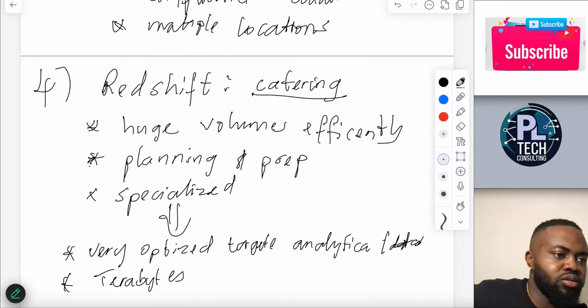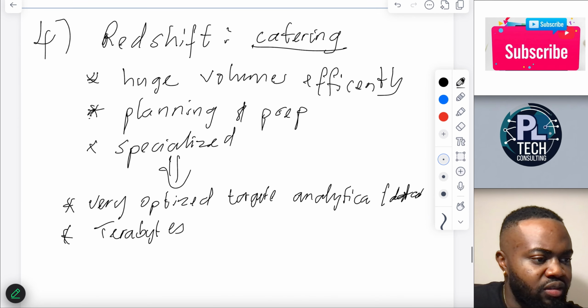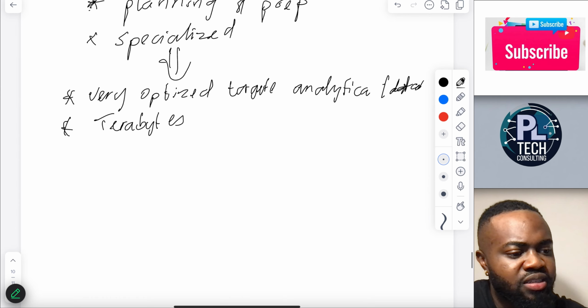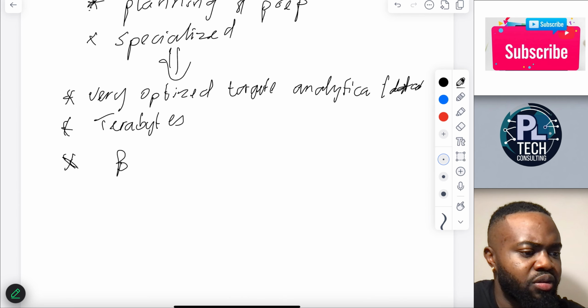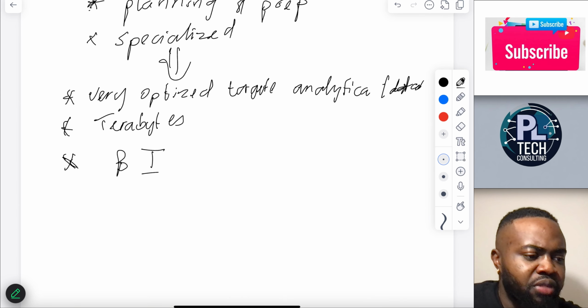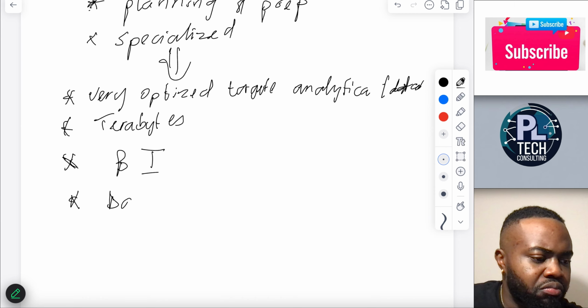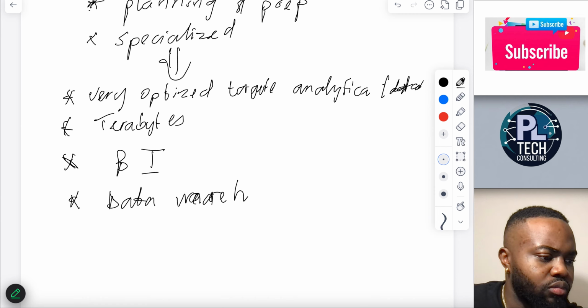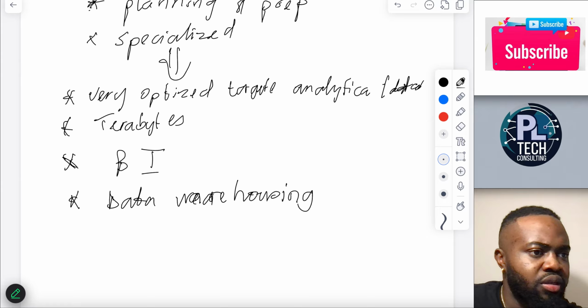So Redshift would be good for analytical data sets, business intelligence, BI, data warehousing, and historical data analysis.